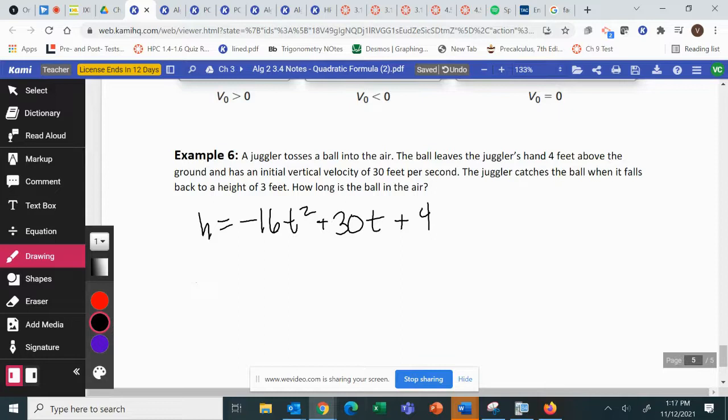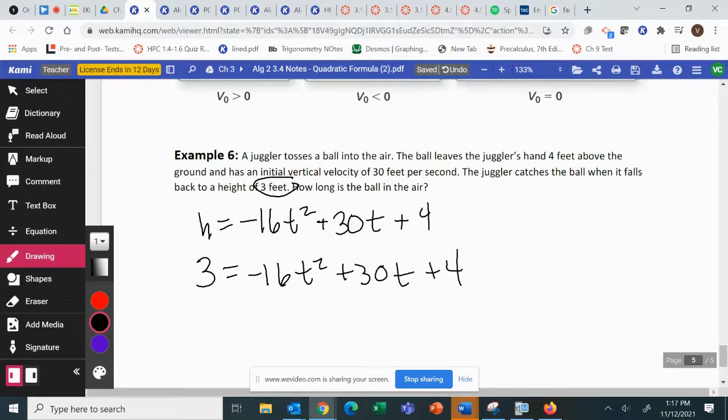The question is, how long is the ball in the air if he catches it at 3 feet? So our new height is going to be 3. To solve for t, we have a quadratic equation. You've got different methods to use to solve it.